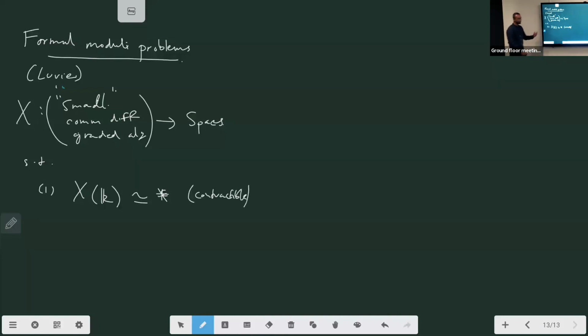So if I took the formal completion at a point of any moduli problem, I would have this property.